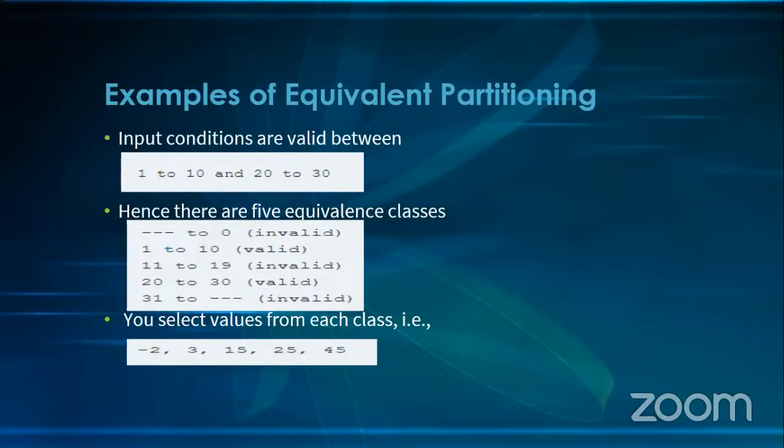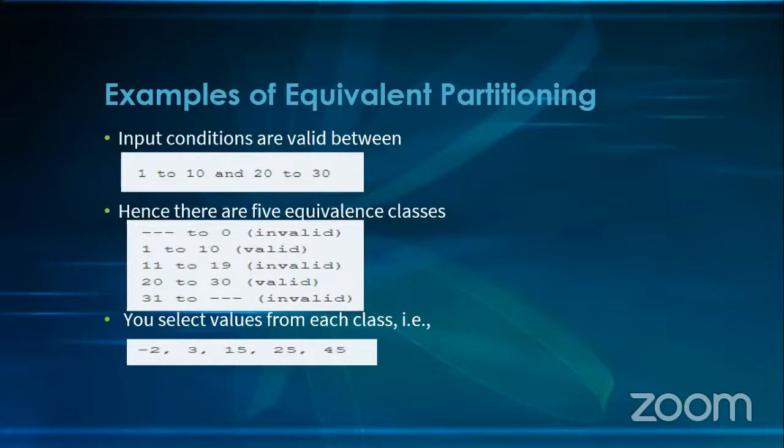Any number I pick there should suffice, something that's an invalid scenario. Now, another valid scenario is from 20 to 30. Any number I pick from here should be a valid scenario. And the last of it all will be from 31 to infinity. Any number I pick from there should be invalid.